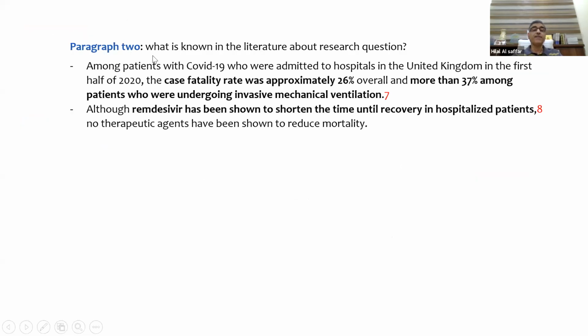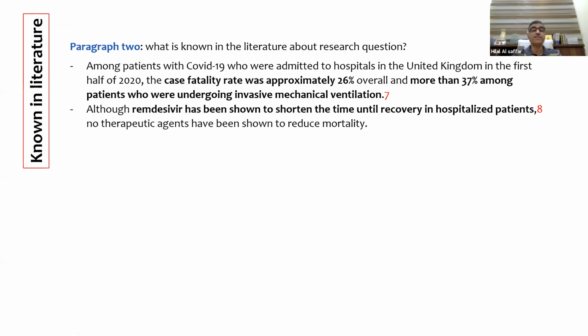The second paragraph covers what is done in the literature about the research. As far as case mortality rate, the author writes something about case fatality in the United Kingdom, which was 26%, and 37% among those using a ventilator.